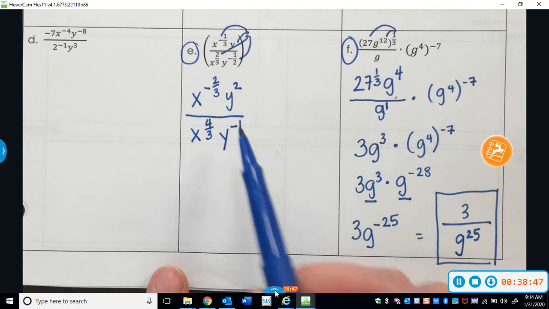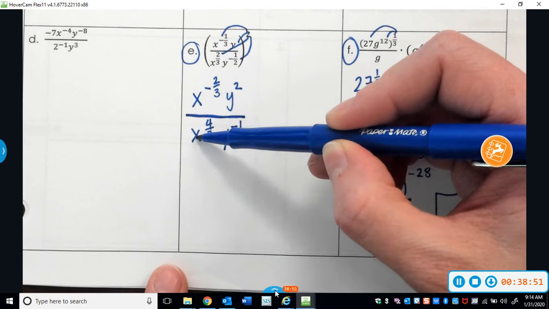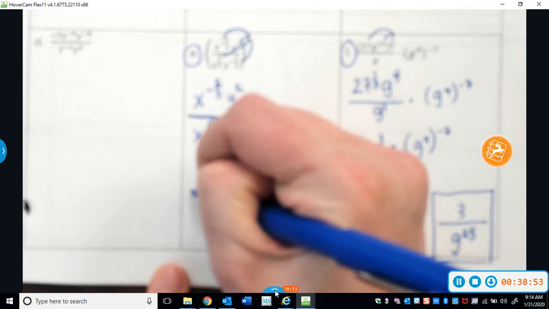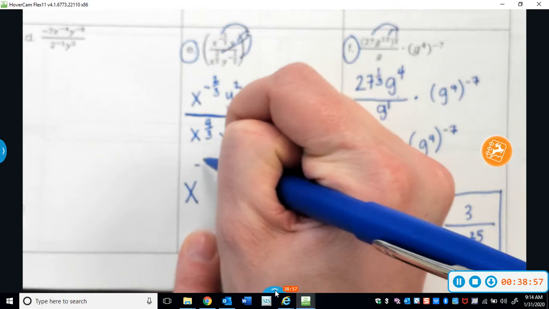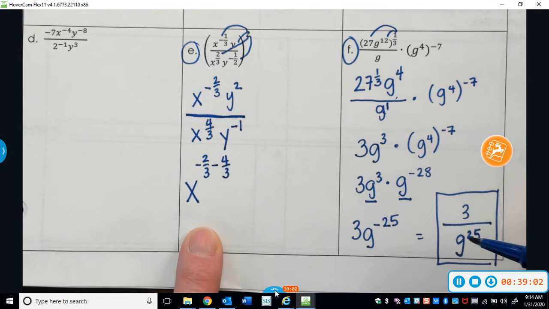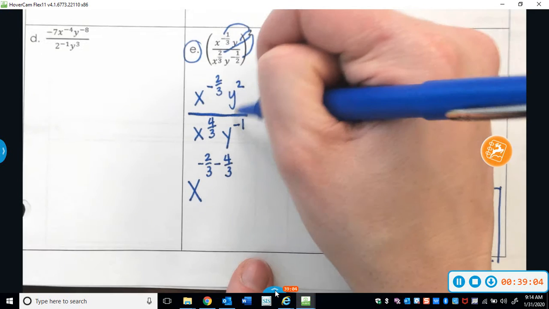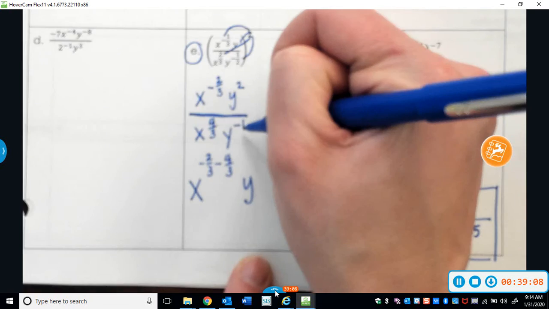All right. So now I'm just going to keep treating things, doing little pieces at a time. I can see these have the same base, and they're being divided. So what should I do with their exponents? Okay, so I should be doing top minus bottom. So I'm going to have negative 2/3, and I'm going to take away 4/3 from that. And we'll do that in just a second. I can see that these y's also have the same base, and they're being divided. So I'm going to subtract their exponents.